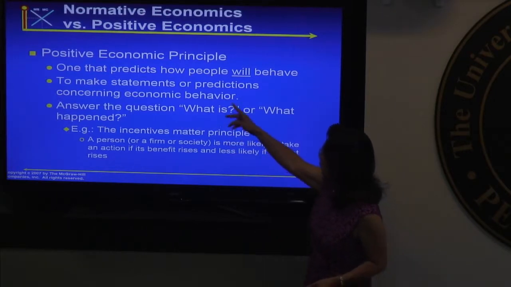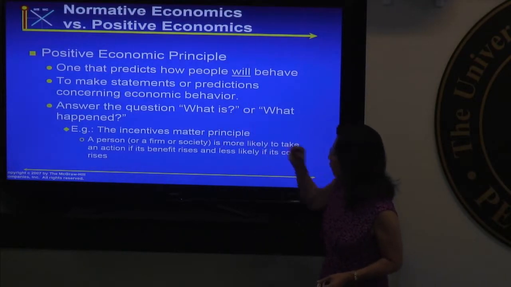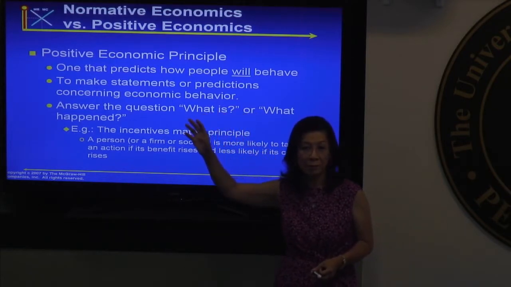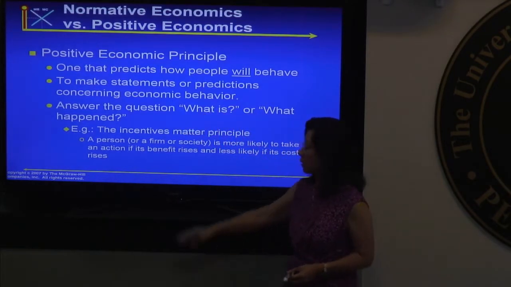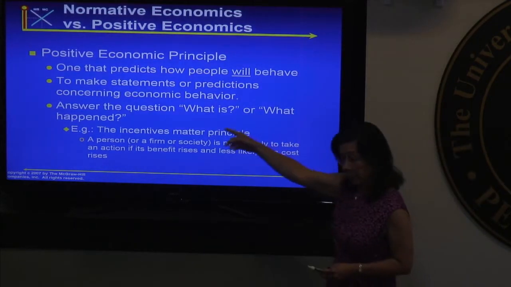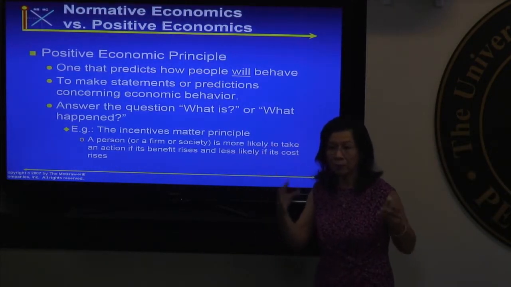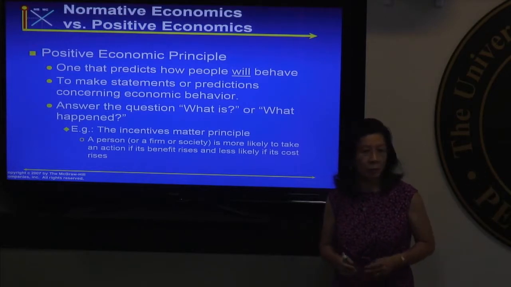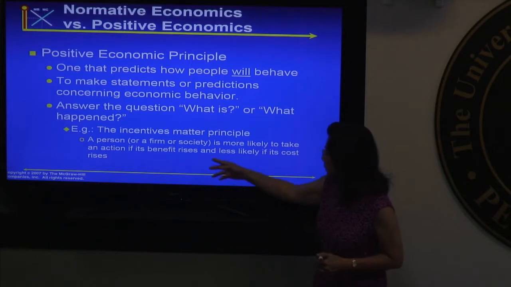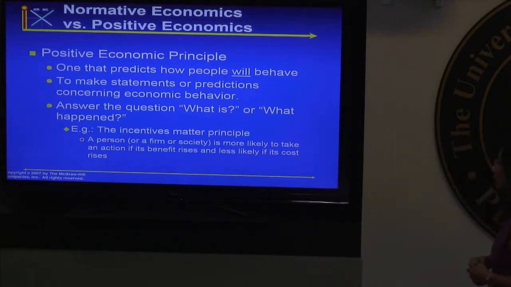So to make statements or predictions concerning economic behavior, this is a little bit more positive. A lot of the time it throws out numbers. Okay? It answers the question of what is and what happened. The other question is more like judgment: should we do this, should we do that?